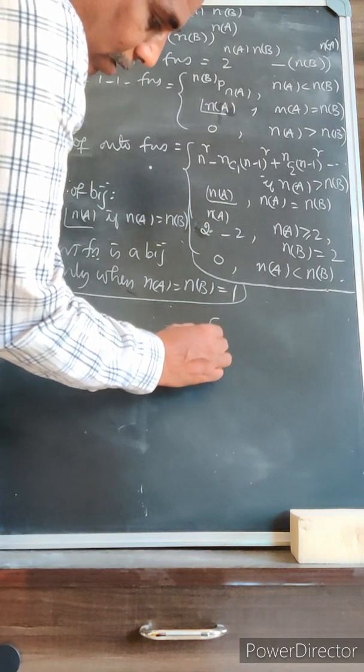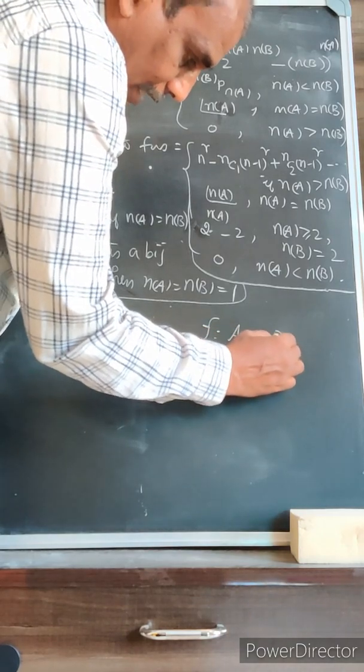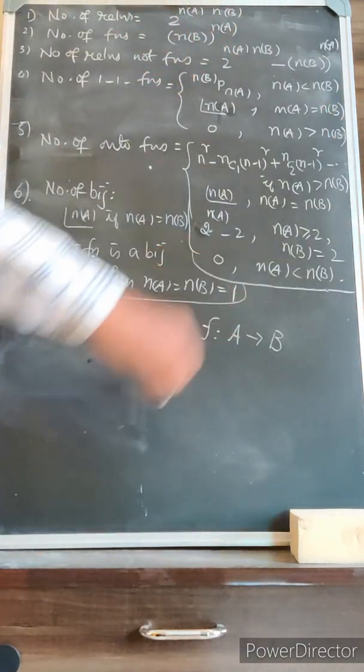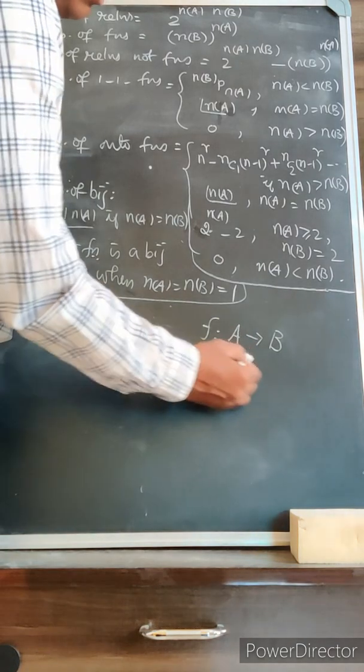If R is a relation from set A to set B, then how many relations can exist from A to B?